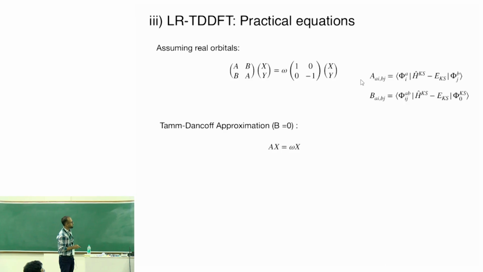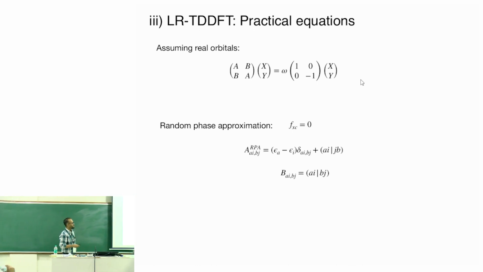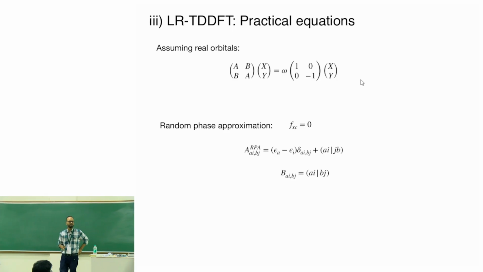The other approximation which is commonly made here is called the random phase approximation, and the name has its origin in condensed phase physics, so I don't want to go too much into that. In the random phase approximation, you neglect the exchange correlation kernel completely, f_xc equal to 0.